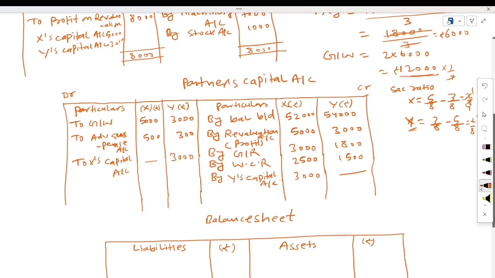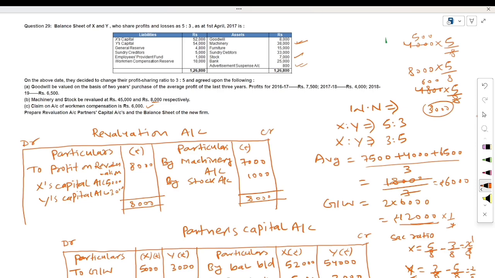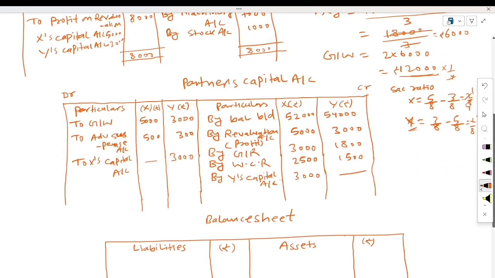Now we have to check if anything is missing, then we have to transfer into the partner's capital account. Otherwise, we will make the balancing figure of this. I hope nothing is mentioned here. So we will make the balancing figure. Here the total amount will be in X column 65,500. Here 60,300, and here same amount we will write 65,500, 60,300.